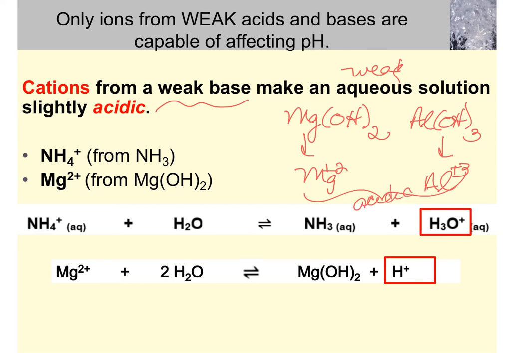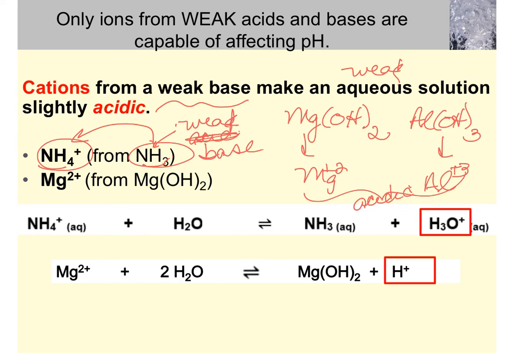Another one you're going to run into, hopefully you remember me saying, is that neutral nitrogen-containing compounds serve as weak bases. So you are also going to come across the conjugate acid from nitrogen-containing weak bases, NH4 being one of them.